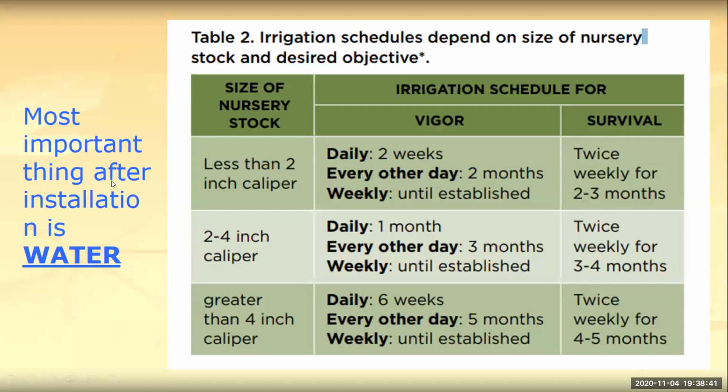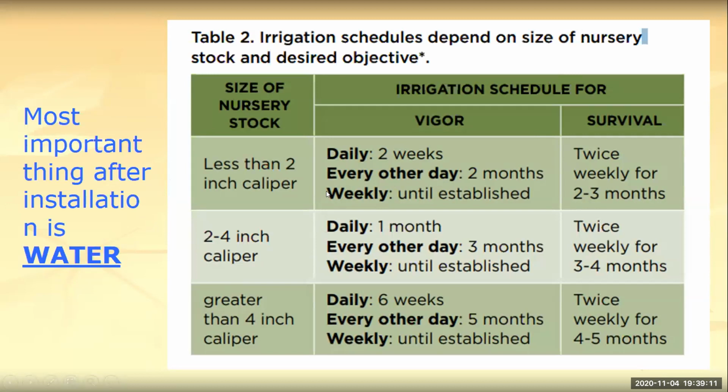All right, so the most important thing after installation is water, right? Try to memorize this. It's not fertilizer, it's not soil, it's not the sun, it's the water. We have here a diagram or table that tells you more or less how often you need to irrigate.